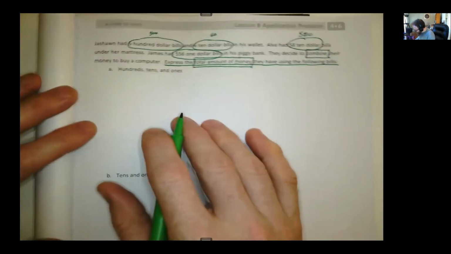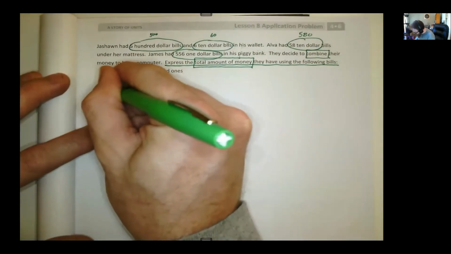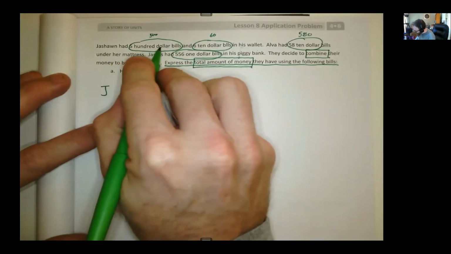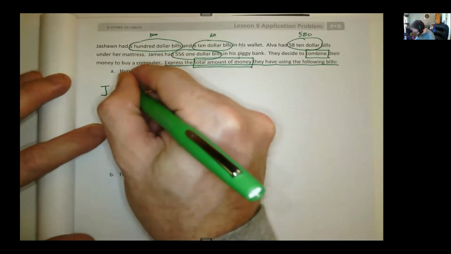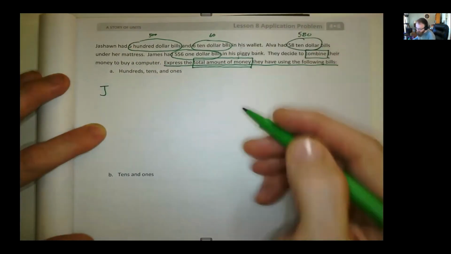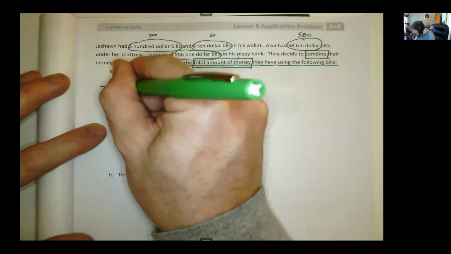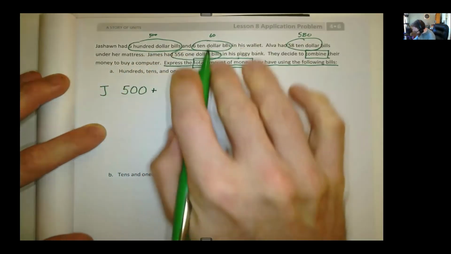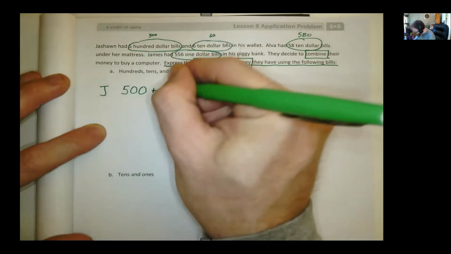We have 3 friends, right? Jashawn has $100 bills. Or I guess I should say his $100 bills, right? But the value is 500. He also has 6 $10 bills. We know that that value is 60.